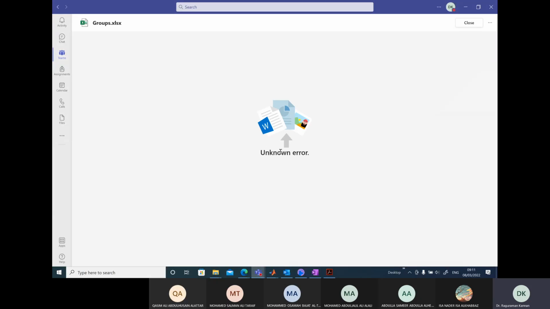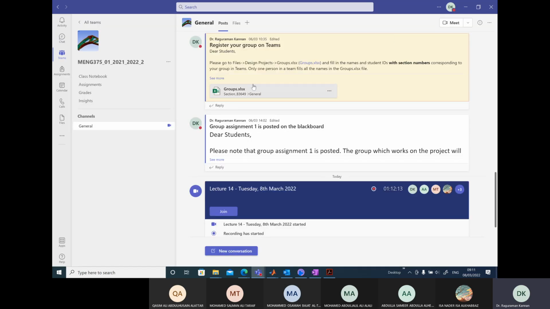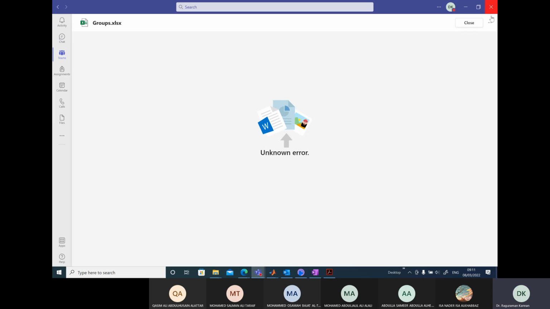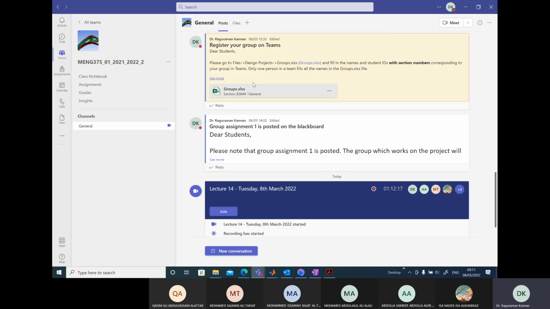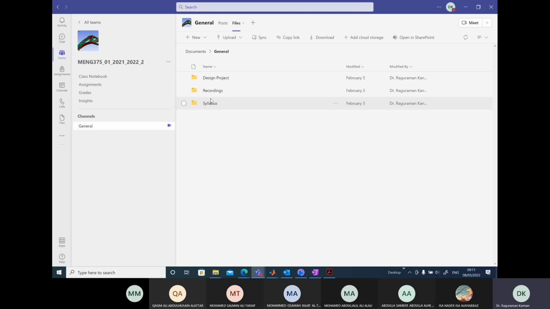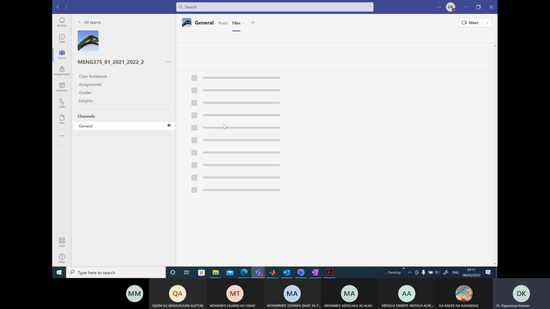So let's see if the Excel file opens. If it doesn't open directly, you can go to files, to the design project folder.